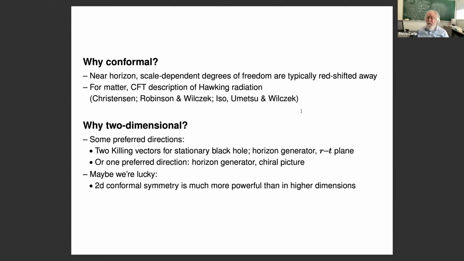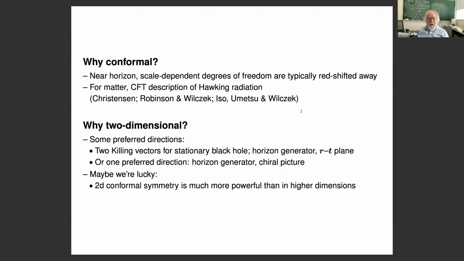Alternatively, you might hope to get by with just one preferred direction, which the horizon generator gives you. If you have a holomorphic restriction of a conformal symmetry, that's essentially a one-dimensional symmetry, and also gives you control over the density of states.